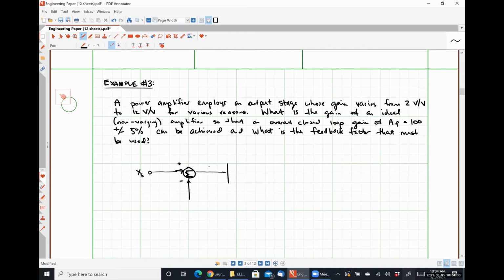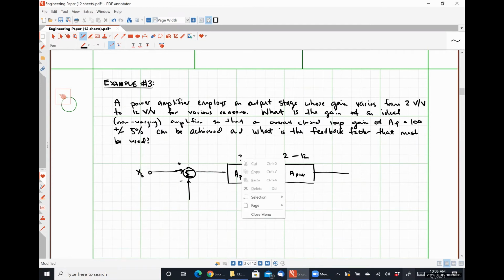Our error signal is being fed into our preamplifier, and I'm going to say that it has a gain of A pre. And then that preamplifier generates the input for the power amplifier, which I'm going to call A power. And we know that this guy goes from 2 to 12 volts per volt.